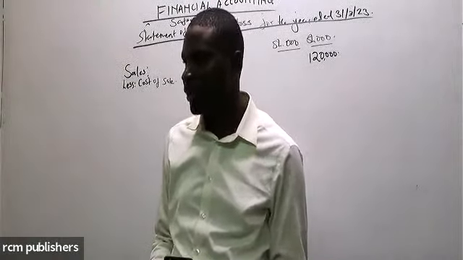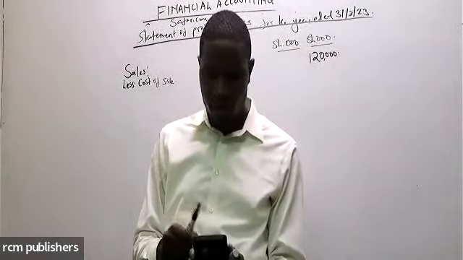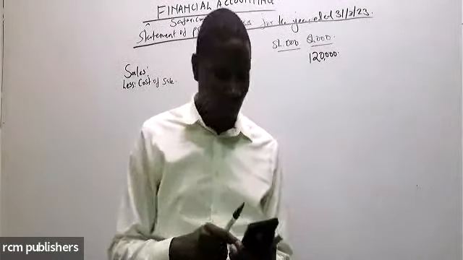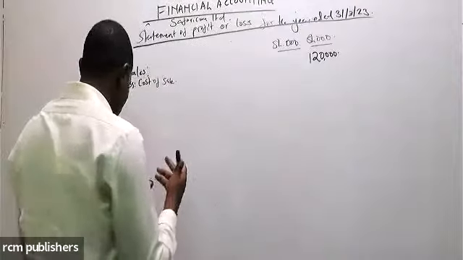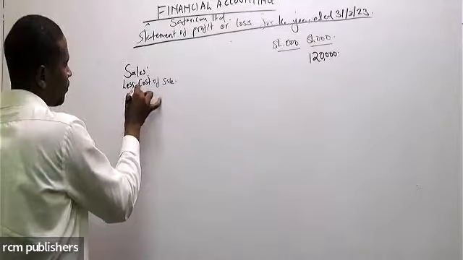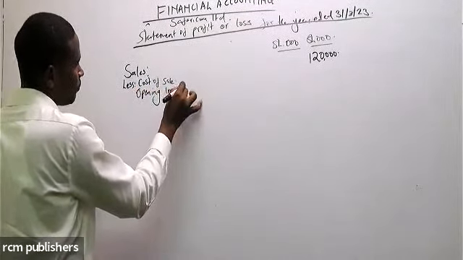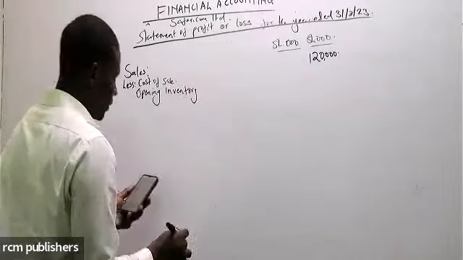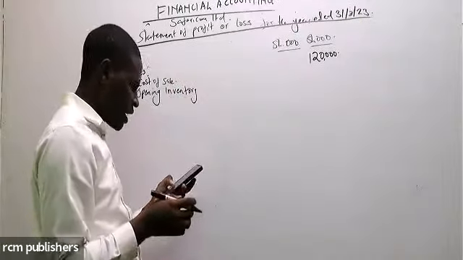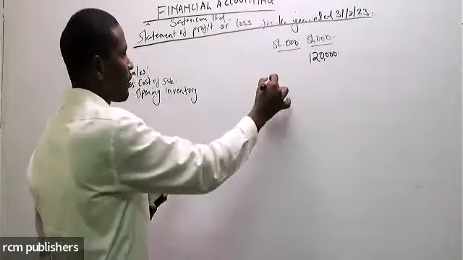If I look at the cost of sale, the cost of sale here was not given directly. So we start with the opening inventory. You are given the opening inventory, class, as 10,500.